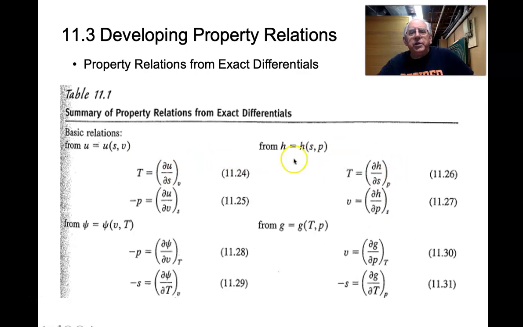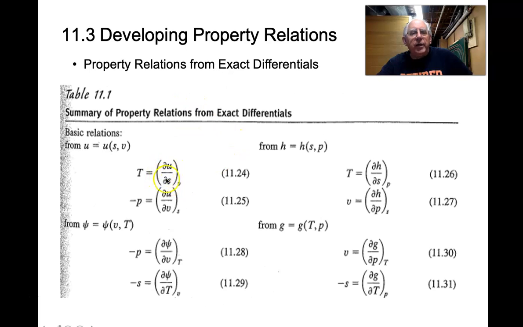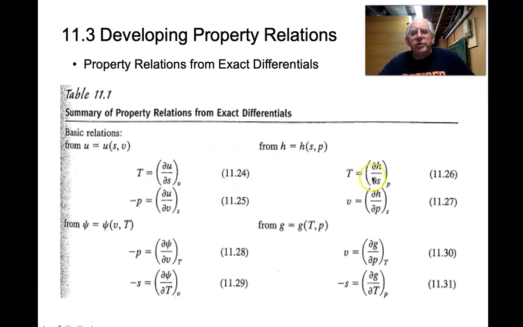And so in this particular case, from knowing that H is a function of entropy and pressure, we draw the conclusion. We went over to here and we said then that must mean that temperature is related to the change in internal energy with respect to entropy at constant volume. So each of these terms then corresponded to a partial.